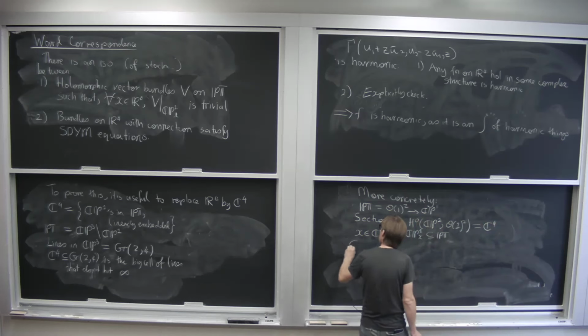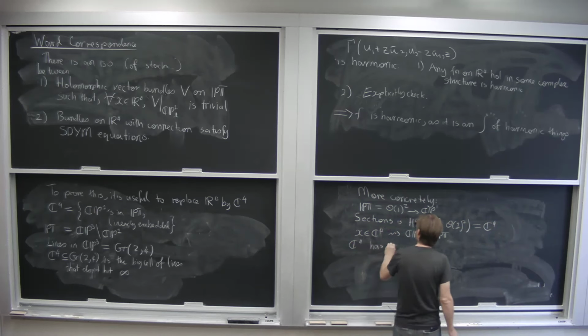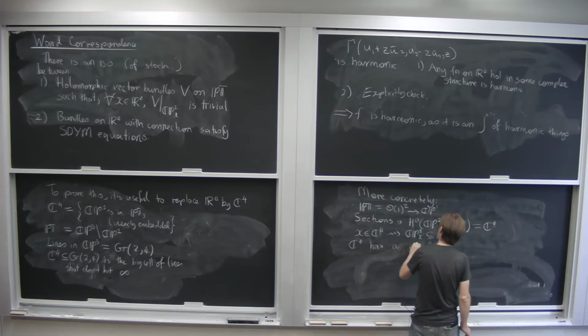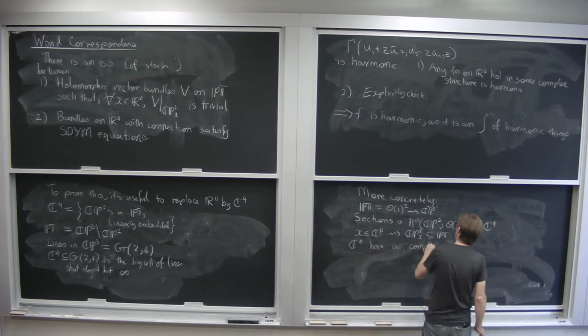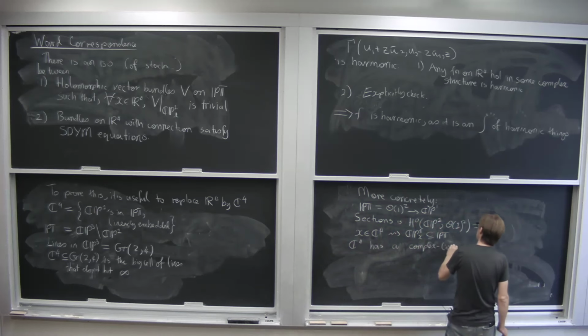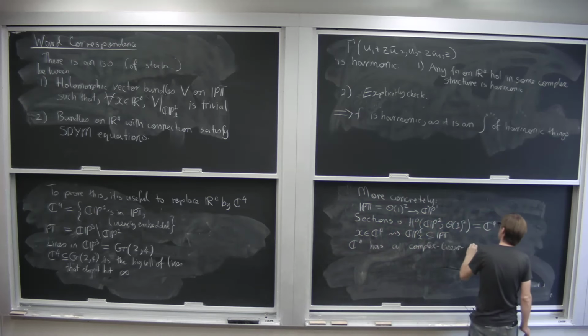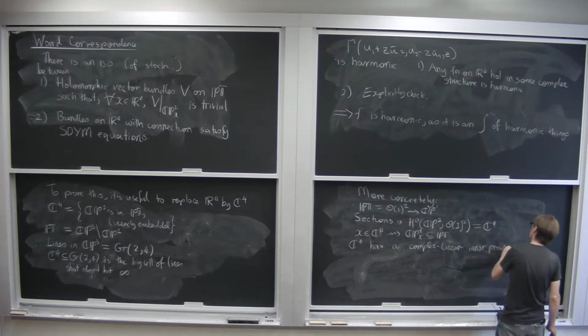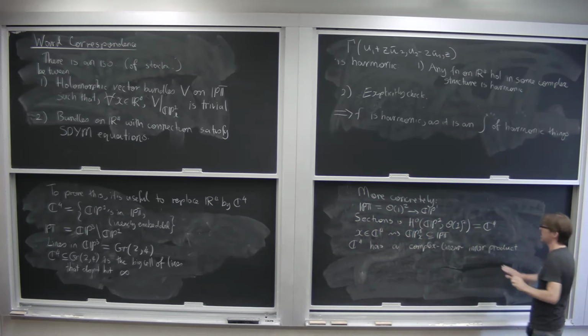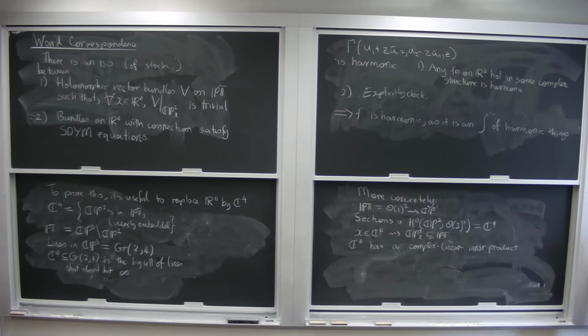So C4 is not just a vector space, it has an inner product. So we can ask, how do we see this inner product by thinking about twistor space?